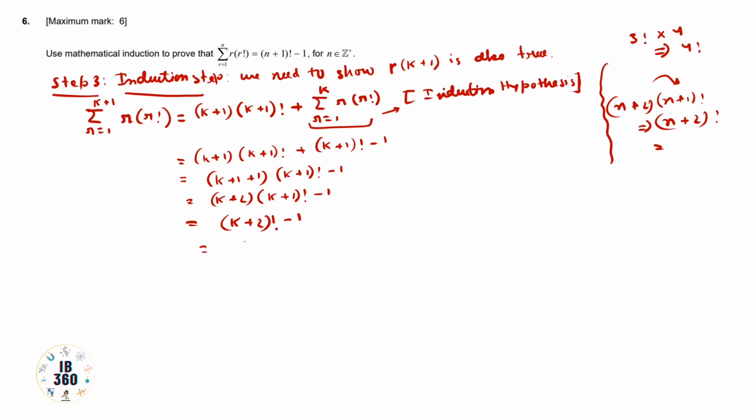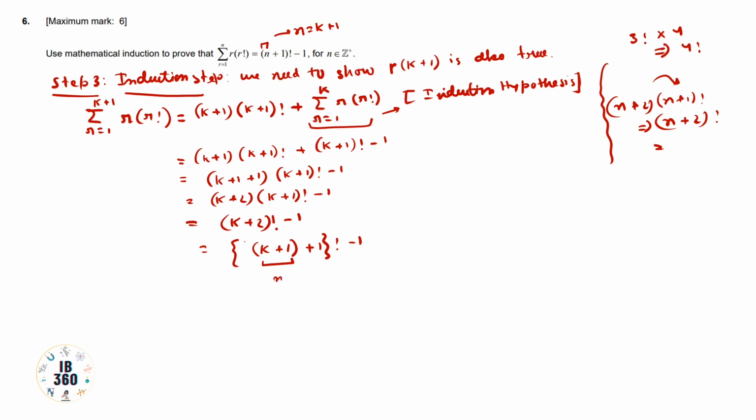Now we can write this in this particular way, that is k plus 1 plus 1 factorial minus 1. Just see the part here, it must be n plus 1 factorial minus 1, and we have taken n equals k plus 1, and see the complete thing is here, that is k plus 1 plus 1 factorial minus 1.